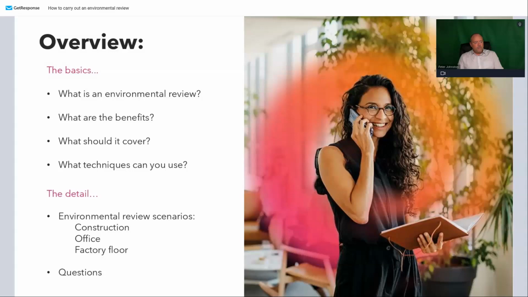Now, that might not be relevant to everybody's business, but most people do have some form of office function. Some of the stuff within the factory floor will be replicable in many industries, and similarly with construction. But if there isn't any examples that we run through today and you are struggling with things, feel free to drop me an email and I'll be able to give you some tailored advice for just yourselves.